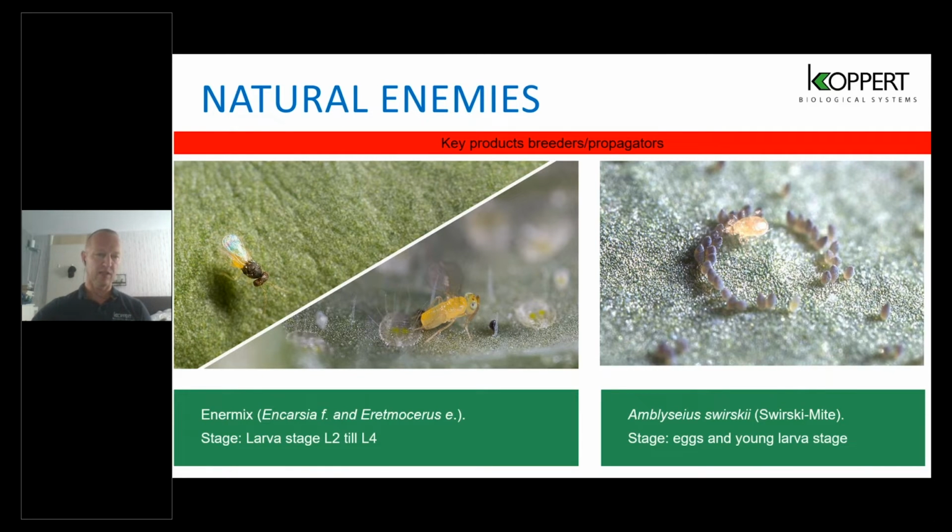If you see left below, the controlling stage of your wasp is the larval stage from L2 to L4, and your controlling stage of whitefly with Swirskii is from egg to young larval stage. I will show you a picture later on, then you can see which controlling stage you have with biological treatment.